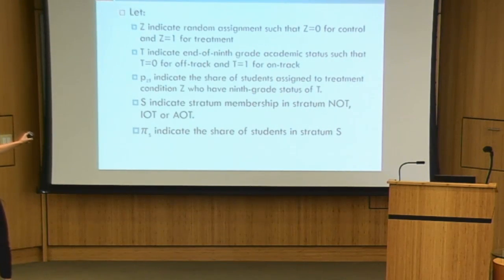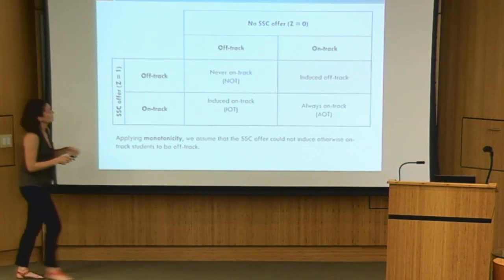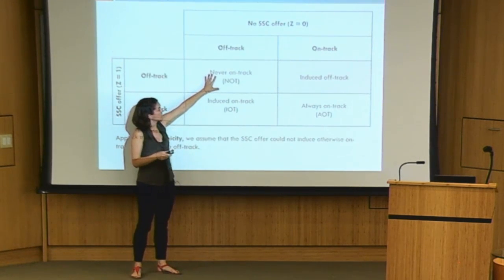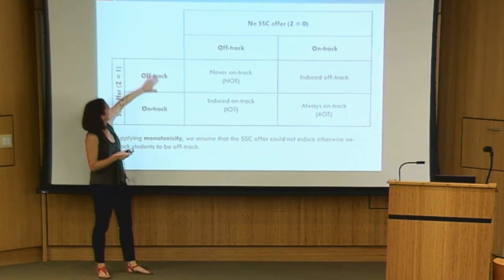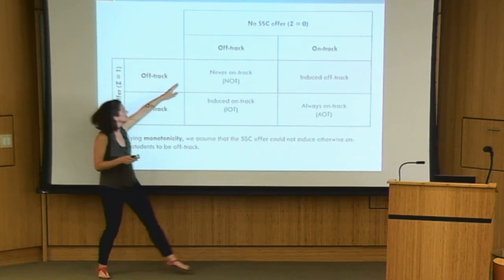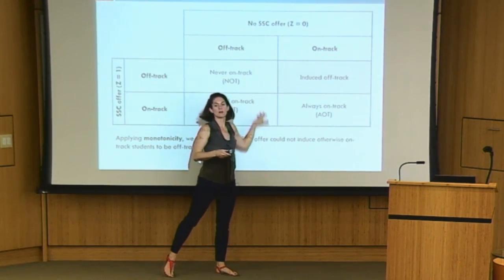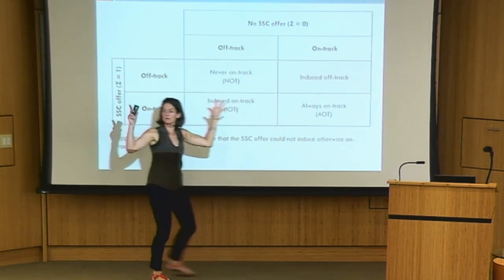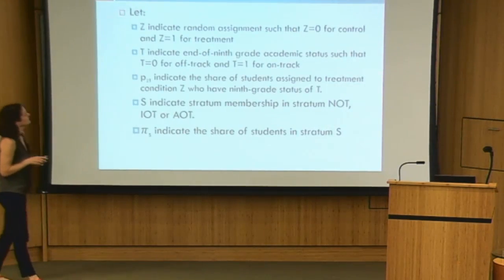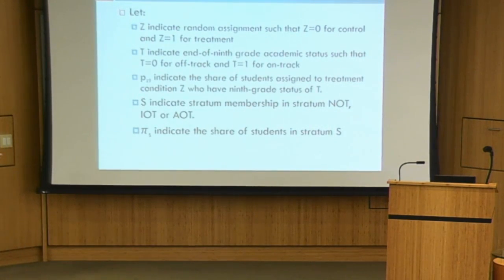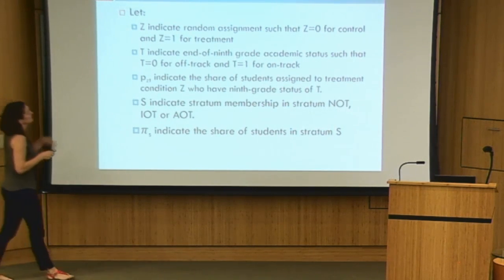Okay, so just a little bit of notation, because we're going to move into really thinking about the relationship between some of the values on the margins of this table and some of the values in our strata in our setup here. Z indicates treatment assignment. We've seen that already.